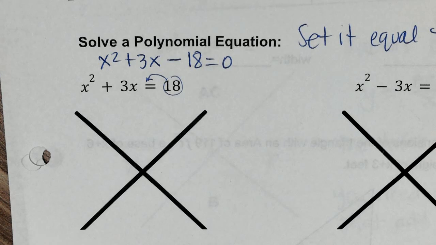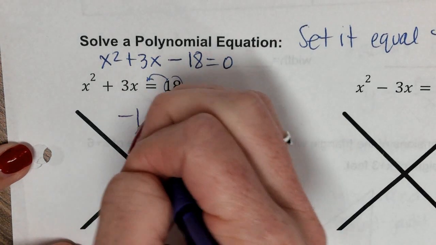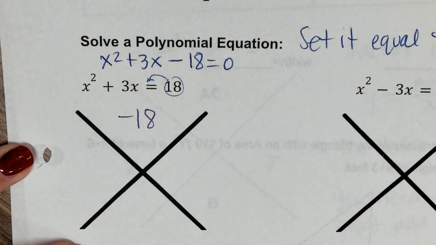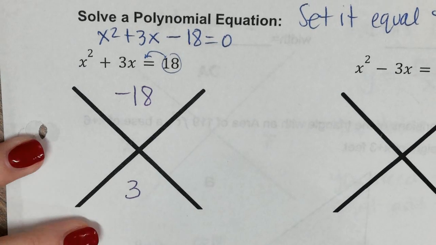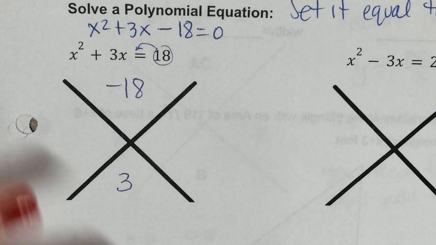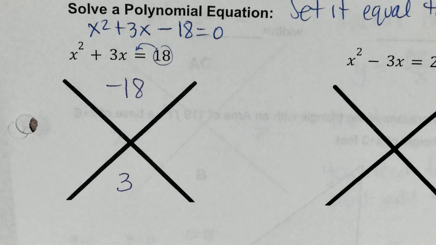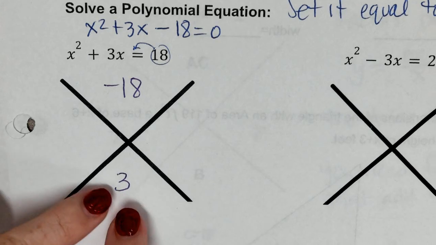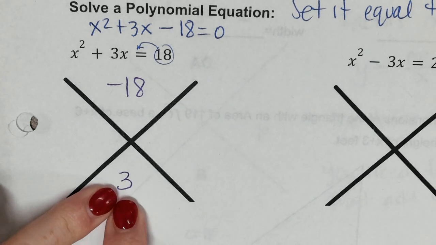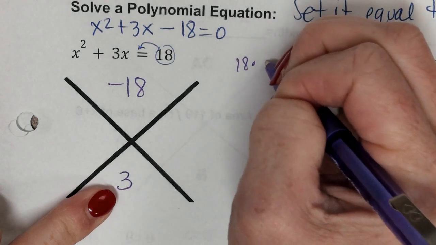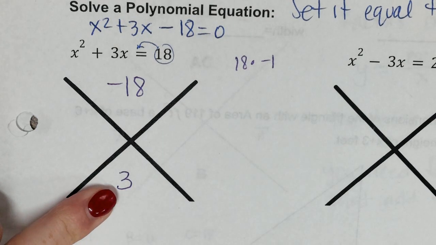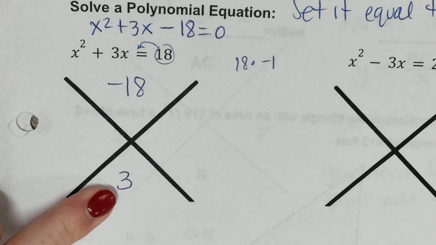Ready? All right, what's a times c? Negative 18. What's b? 3. All right, what are our factors of negative 18? Well, let's talk about it. I need to multiply to get a negative. So what's it going to be? A positive times a negative. But when they add up, they equal a positive. So my bigger number needs to be the positive. Yes? So I have 18 times negative 1. That's not going to add up to 3.